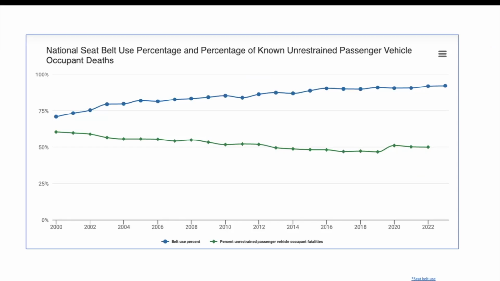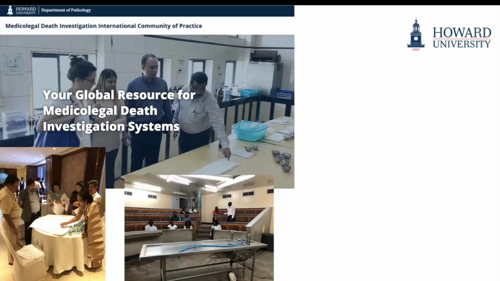As you can see in this figure, as seatbelt use increased, deaths of passengers not wearing seatbelts decreased. This figure is a visual representation of data for health. Policies can be very impactful in preventing premature deaths, but we need good quality data to know who is dying, from what, and where. This is the reason for Howard University to join the Data for Health initiative.